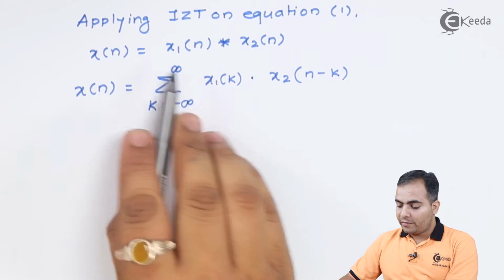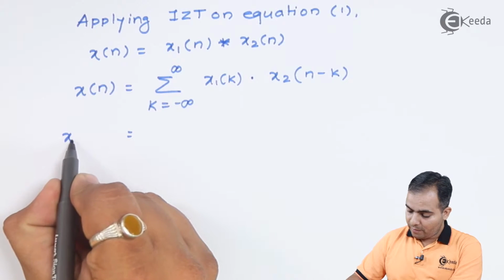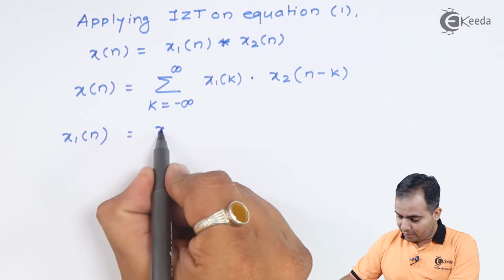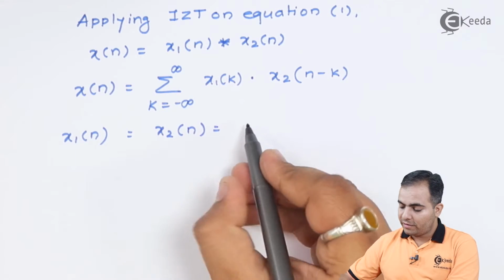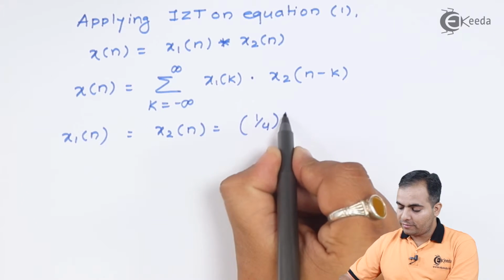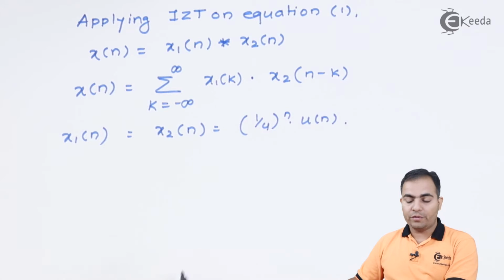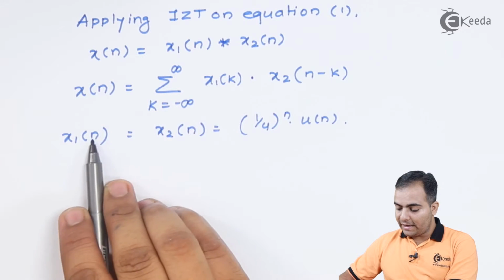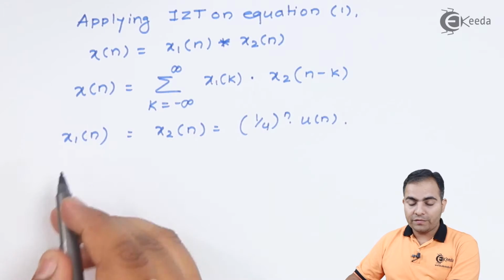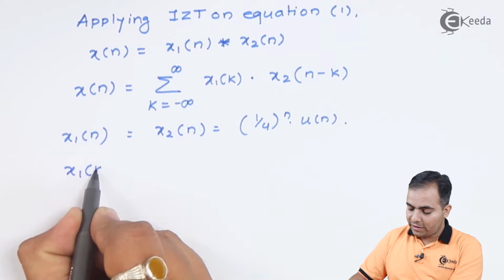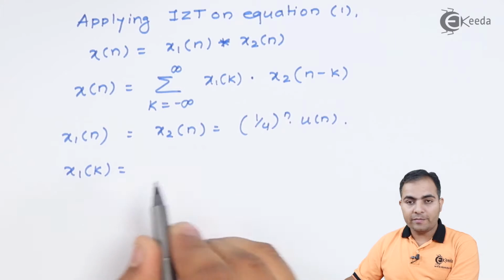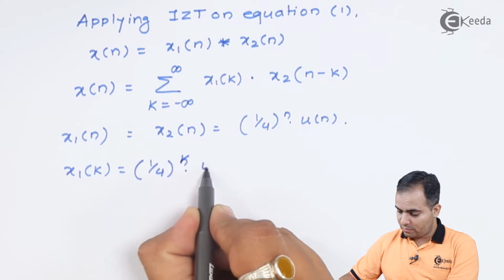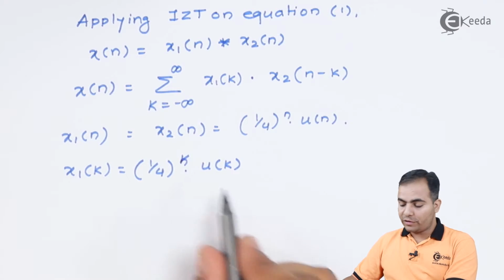Now look here, x1 of n and x2 of n are both the same, so I'm going to write it in one line: 1 by 4 raised to n u of n. If I replace n by k, my x1 of n becomes x1 of k, which is 1 by 4 raised to k u of k.